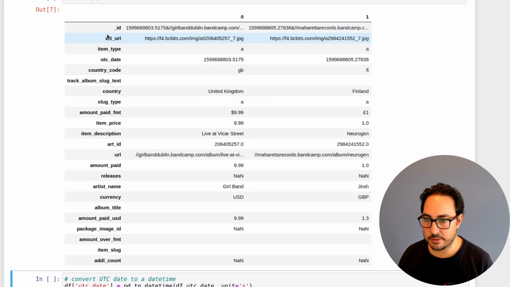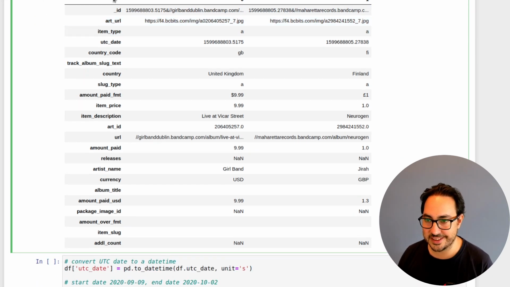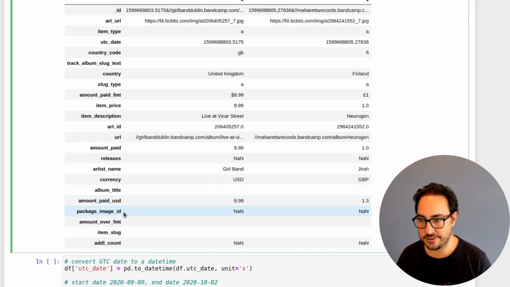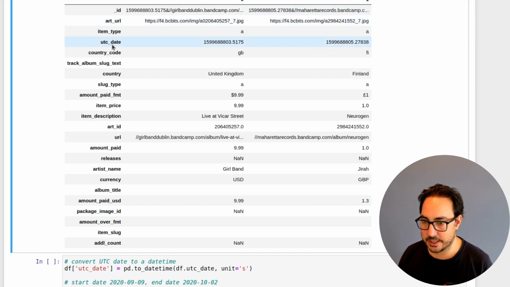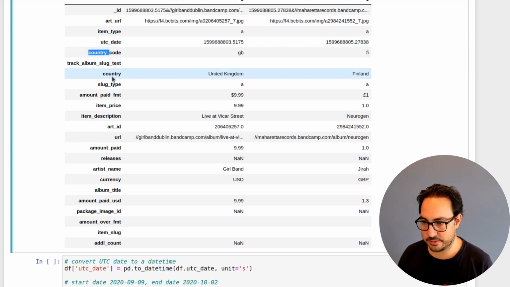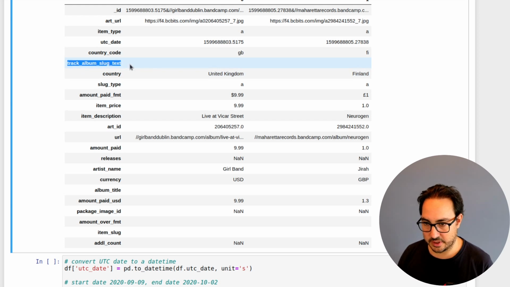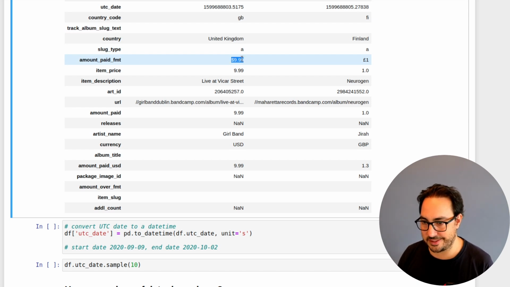Now I'm doing a head of two observations and transposing it. I just find that sometimes this is easier for looking at the data. We have this ID variable, art URL, the item type, the timestamp, which is a number, and country code, country. This we don't have anything here. Slug type, amount paid. This is the amount paid with the currency sign, basically.